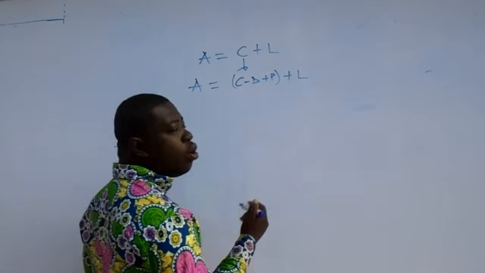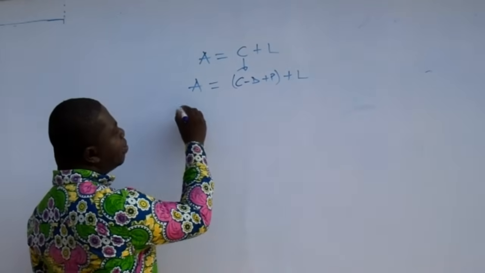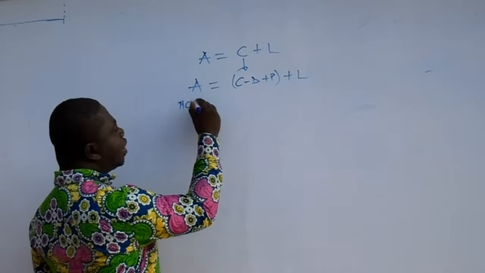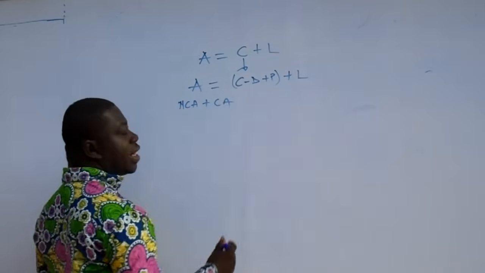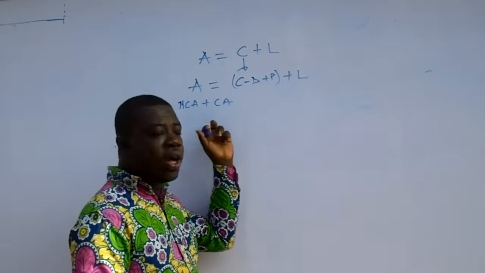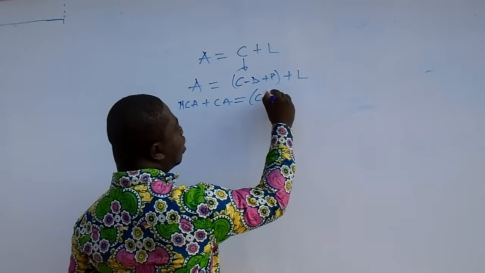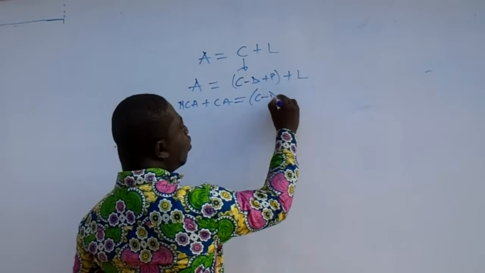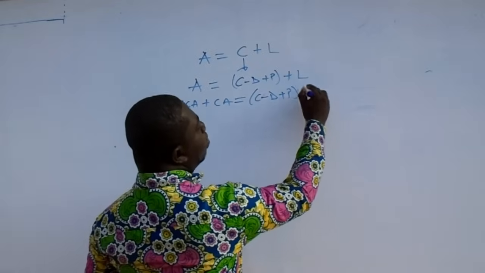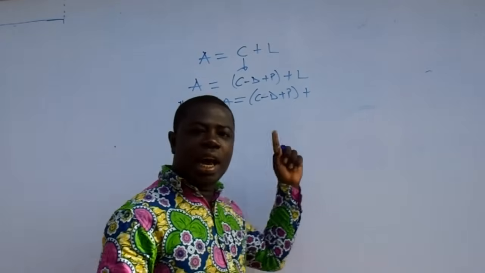So let us try expanding the assets into non-current assets and then current assets. The non-current asset is what we used to call the fixed assets. And so it will be equal to our capital minus our drawings plus the profit plus the liability.